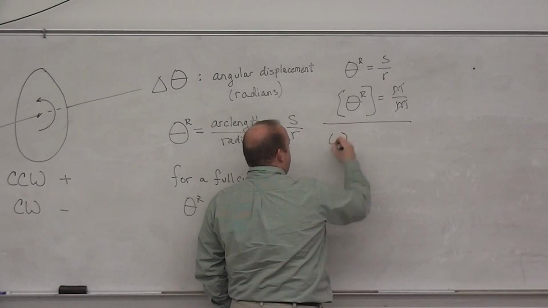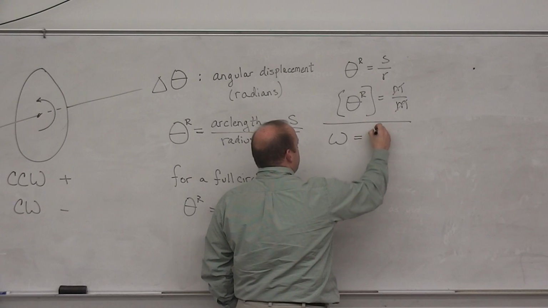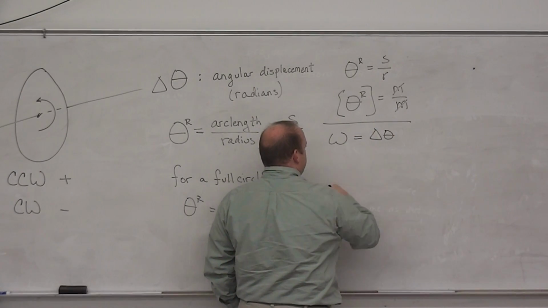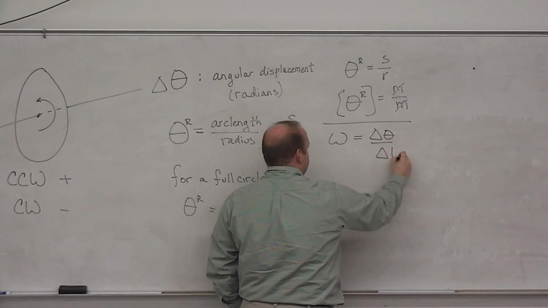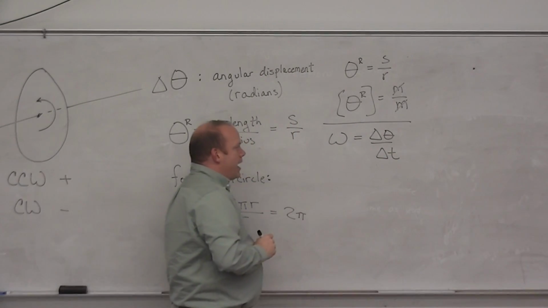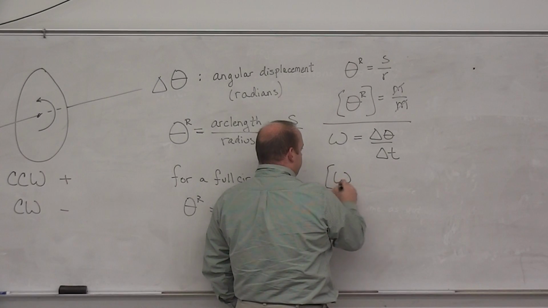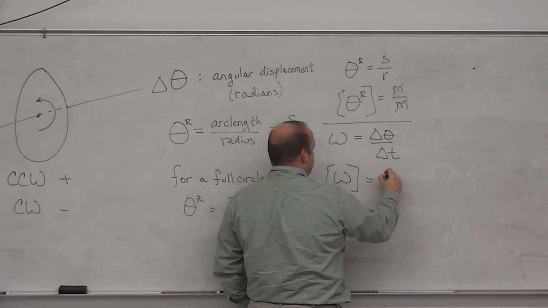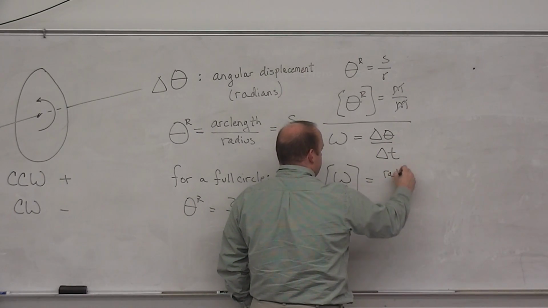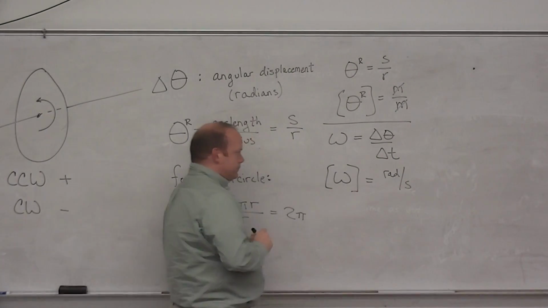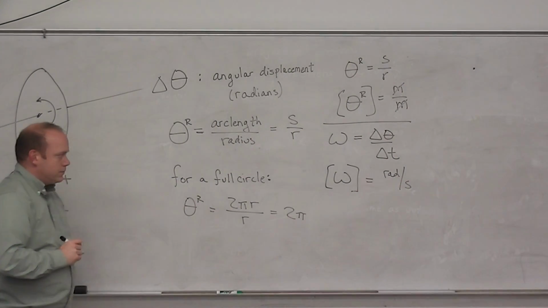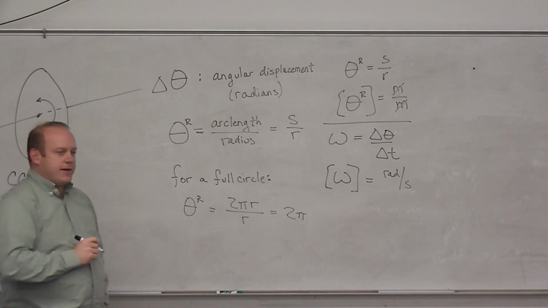Angular velocity omega is equal to change in theta, so the displacement per unit time. The units of omega are radians per second. So wouldn't that just be per second? Technically speaking, that would be per second.